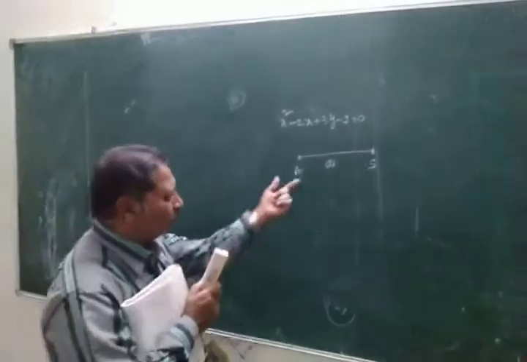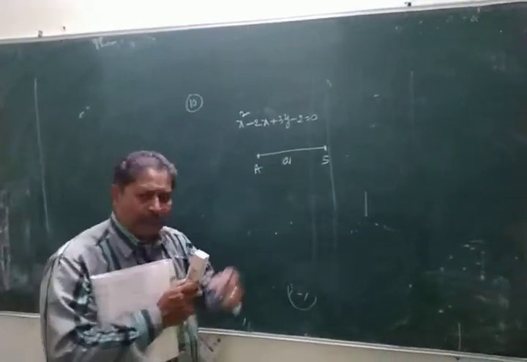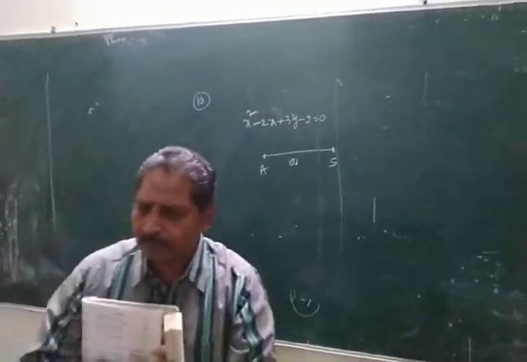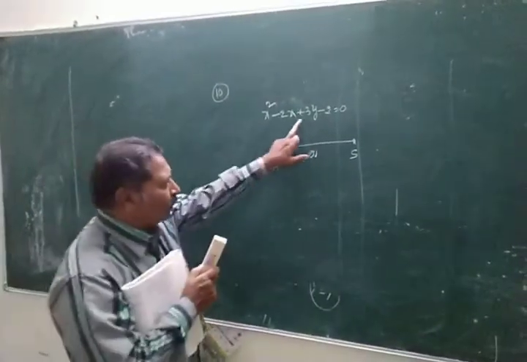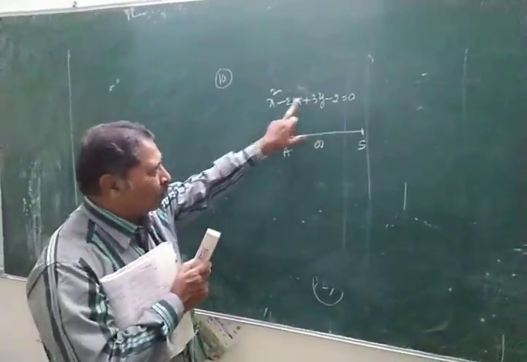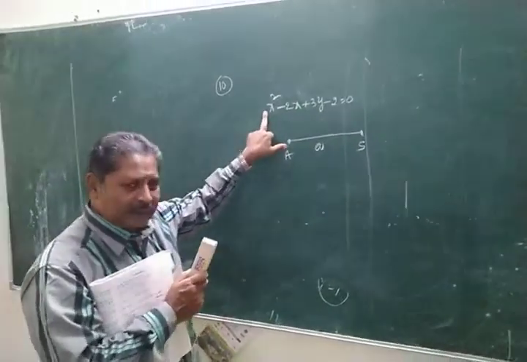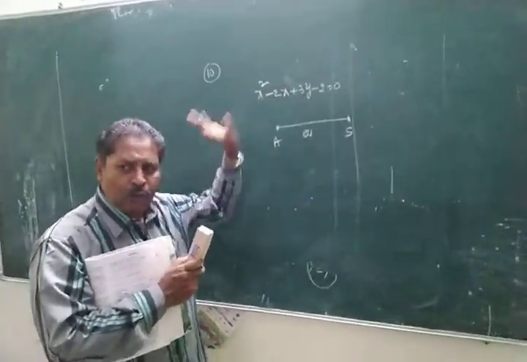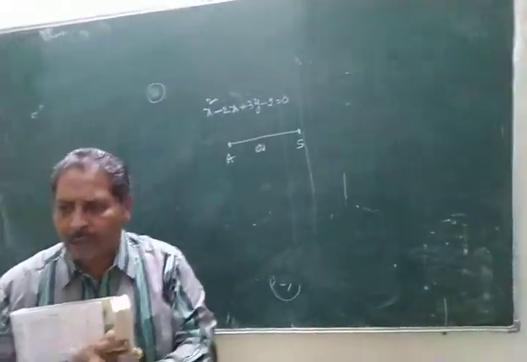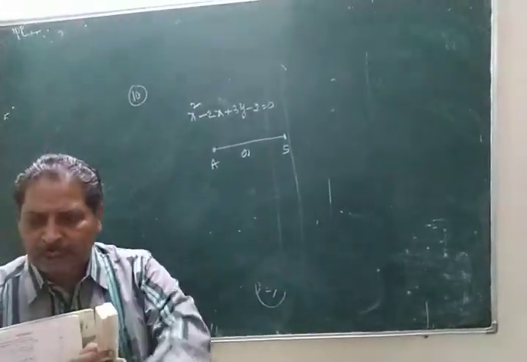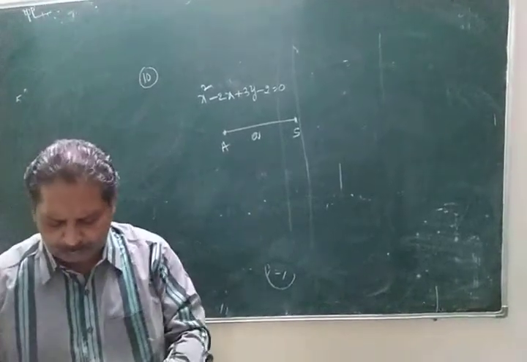Otherwise, first calculate 4a. 4a is coefficient of y by coefficient of x. That is the 4a value. A value is 3 by 4. Write that one.